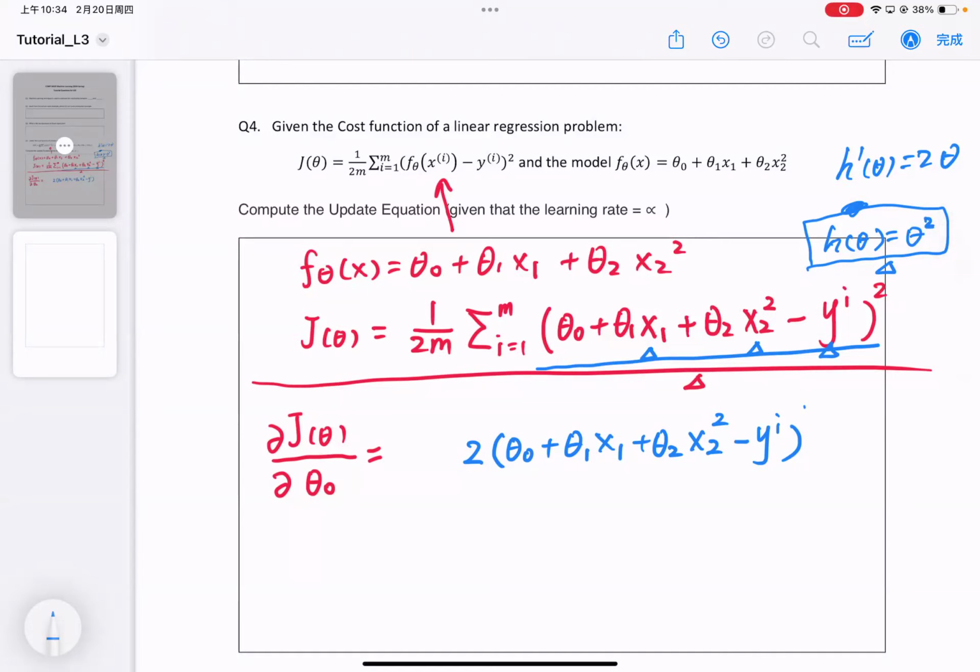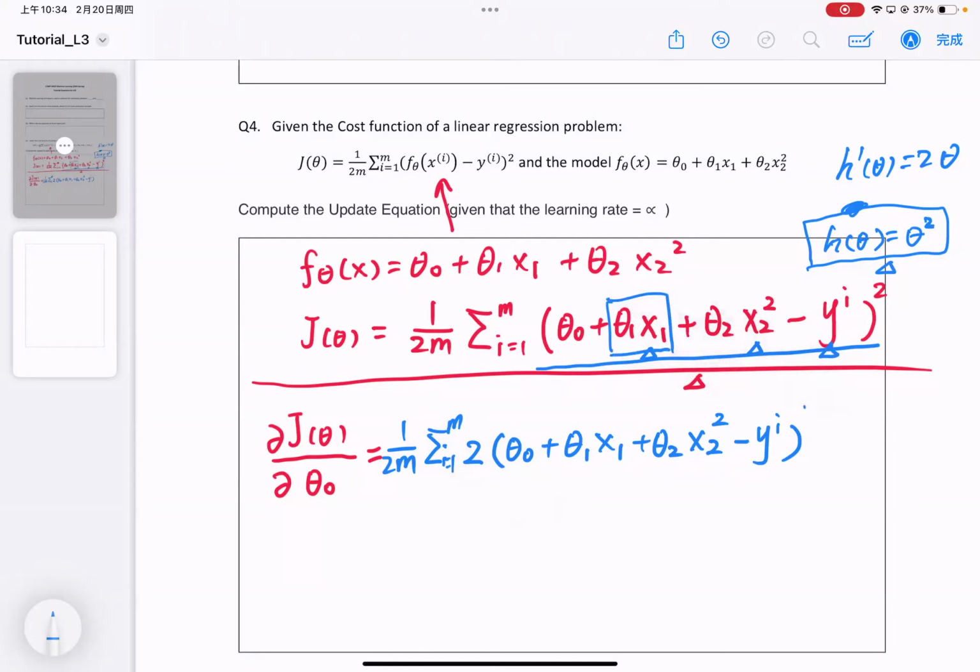And then the beginning part is still the same. Okay, and then the second part, according to the chain rule, we need to calculate the derivative of this term.